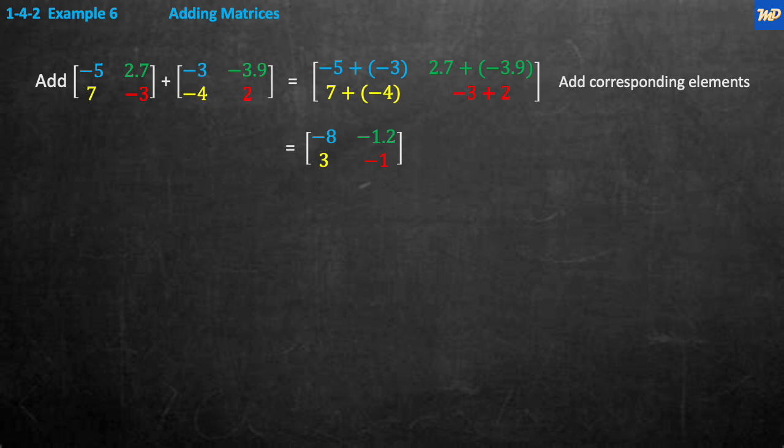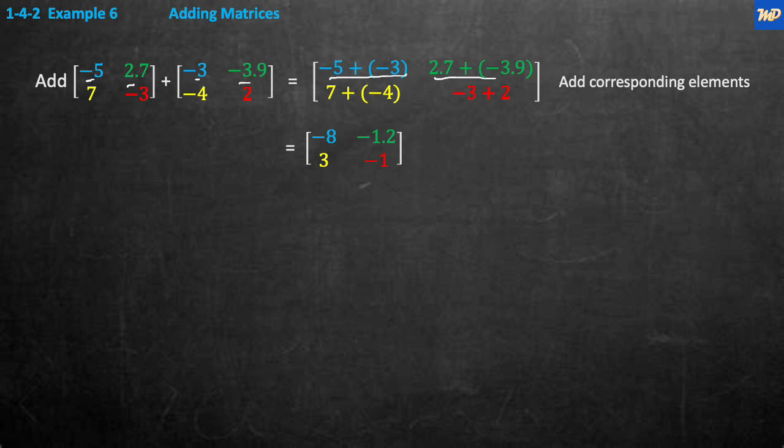So when you add them, what do we do? Well, you see I have the 5 and the 3 here, and they are blue. Over here in the matrix where we're adding them, I'm adding the blues, the -5 and -3. And then I'm adding the green one, the 2.7 plus -3.9.